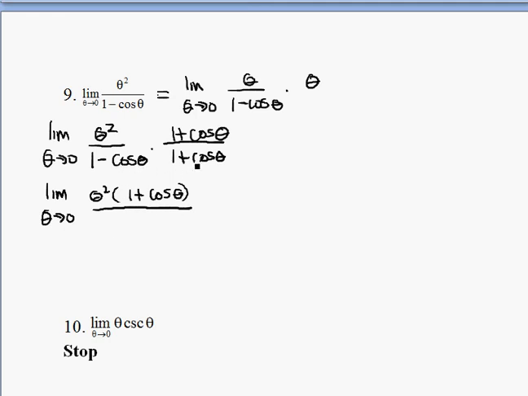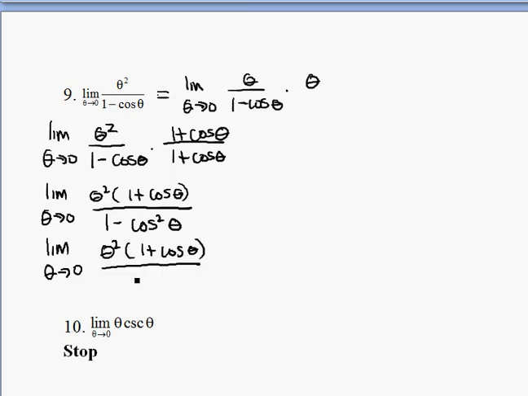It's a conjugate, so there's no middle term. So 1 minus cosine squared theta. What's convenient is 1 minus cosine squared, hopefully you know, is sine squared. So this is theta squared, 1 plus cosine theta, all over sine squared theta.